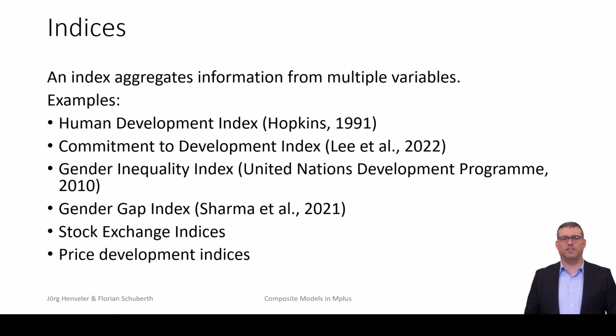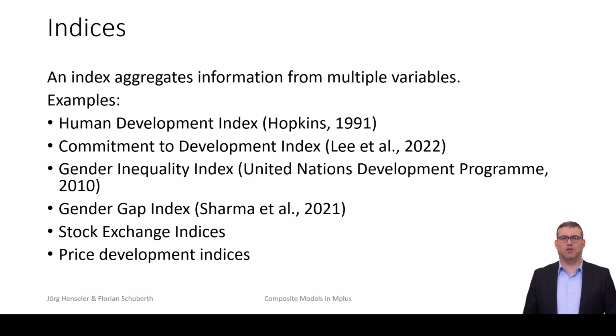Indices are another field of application of composites. An index aggregates the information from multiple simpler variables. We have some concrete examples like the Human Development Index, Commitment to Development Index, the Gender Inequality Index, or the Gender Gap Index. Moreover, there are many stock exchange indices, indices that express the investor sentiment in a certain market.